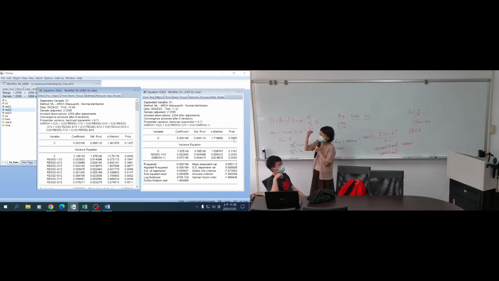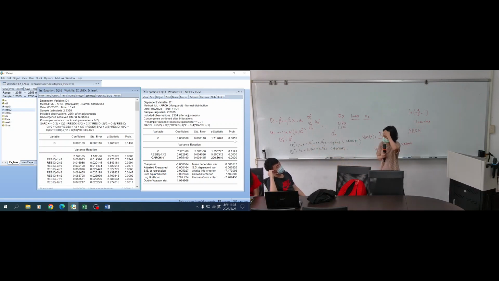And the estimation of all these betas will be different by using OLS and the gauge. Gauge means you consider the behavior of the variance, but OLS assumes all are constant. Okay?